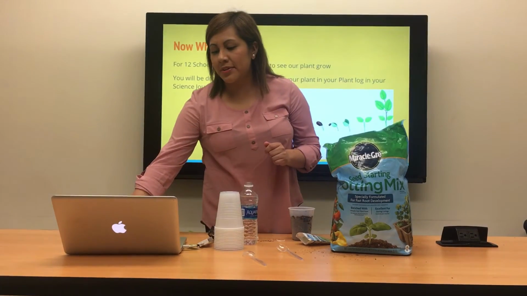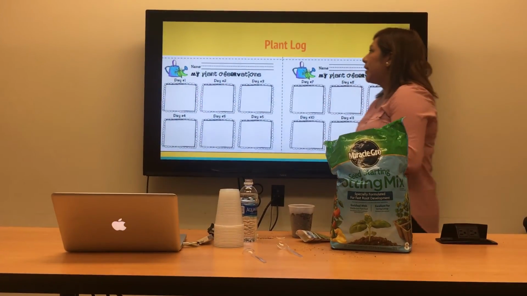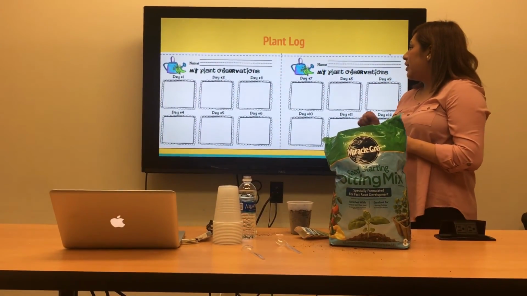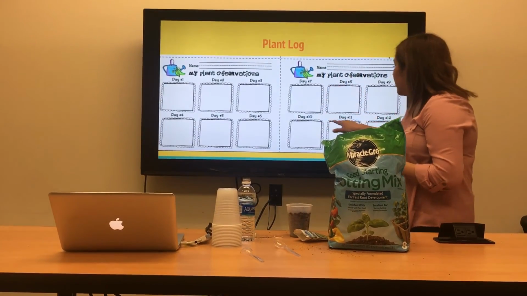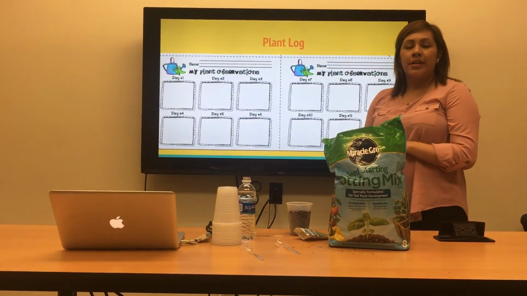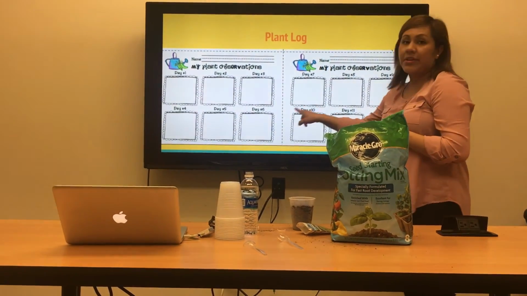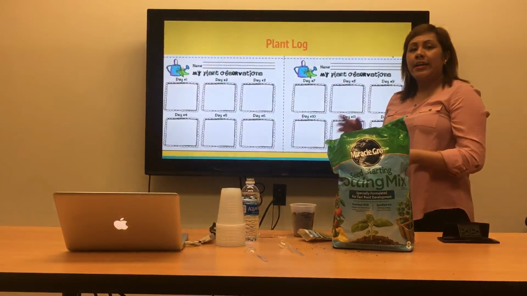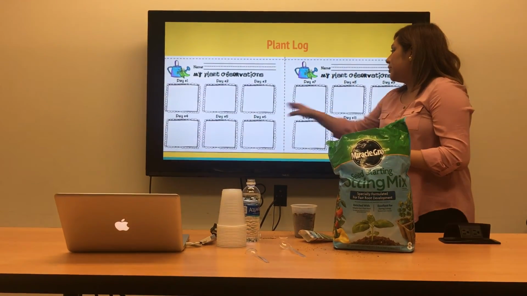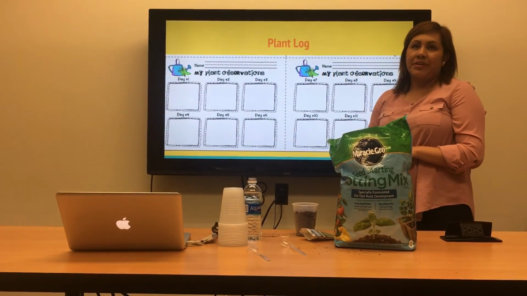So your plant log looks like this. What I want you to do is, with a highlighter, draw a circle on the day you guessed it will take your plant to grow. I put day 10, so I'm going to highlight day 10, and when we get to day 10, I'll see if I was right or not.